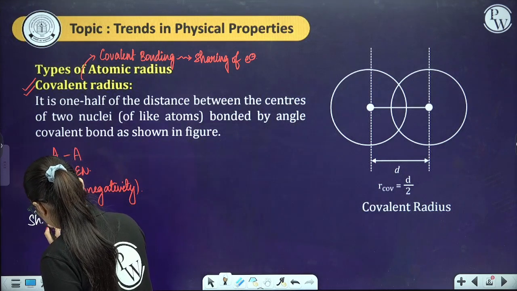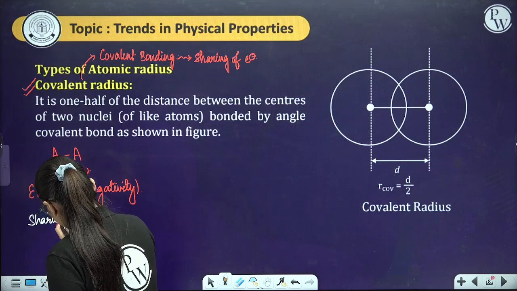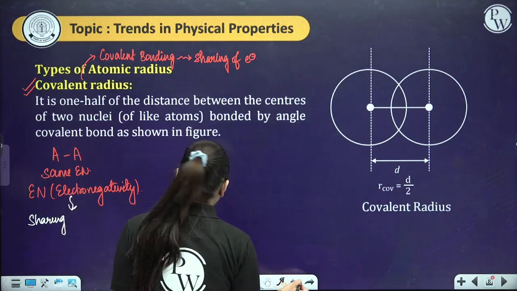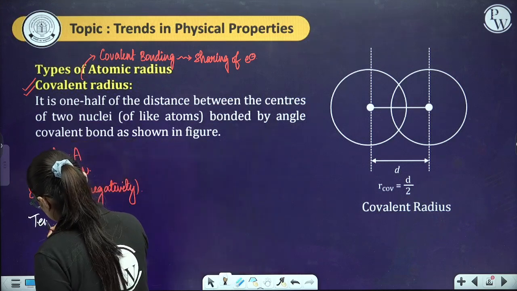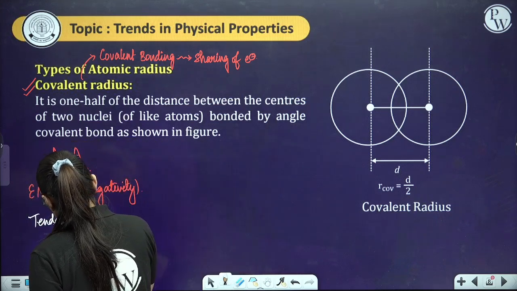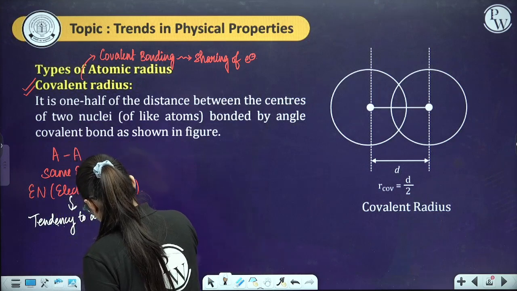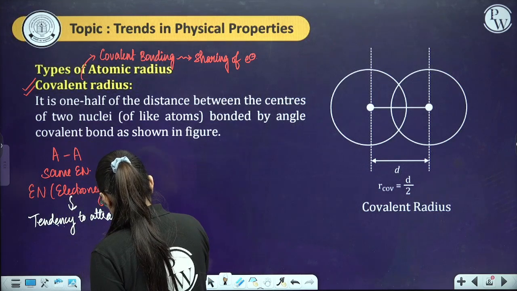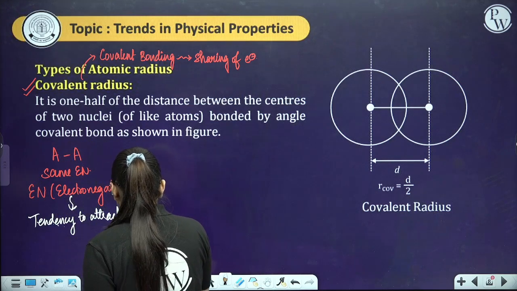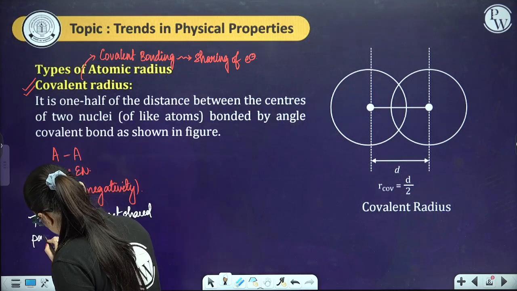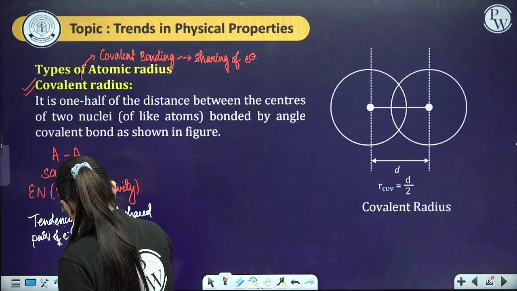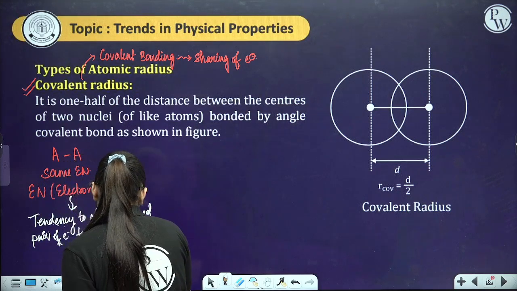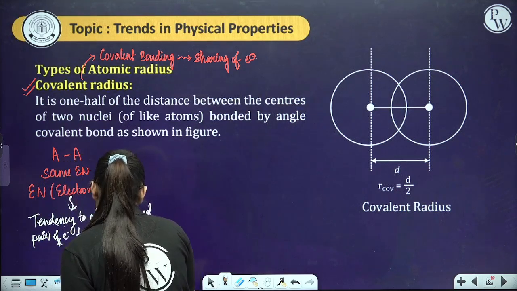Electronegativity: the tendency to attract a shared pair of electrons towards itself.